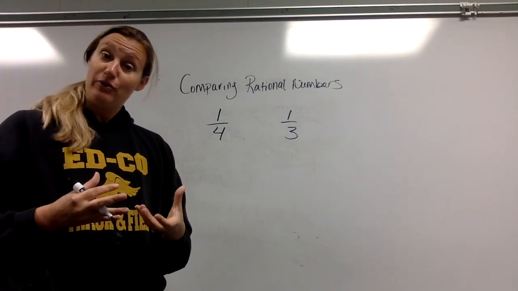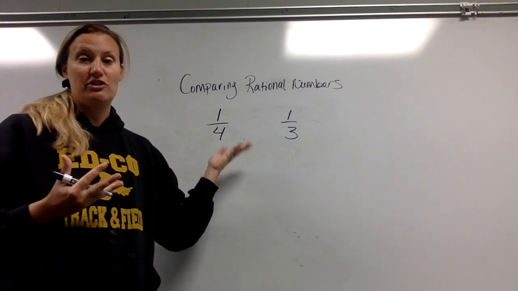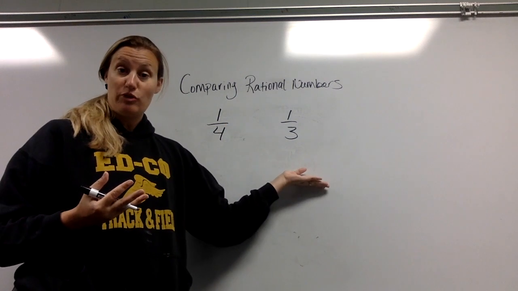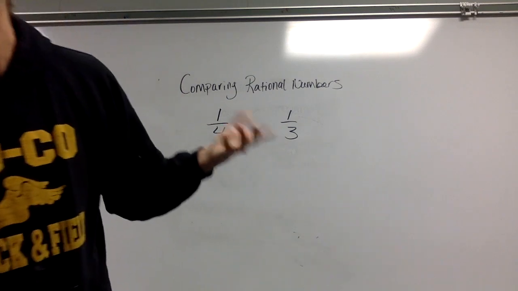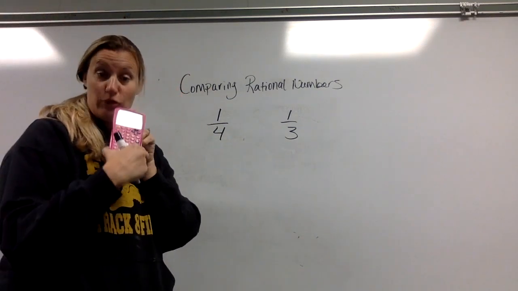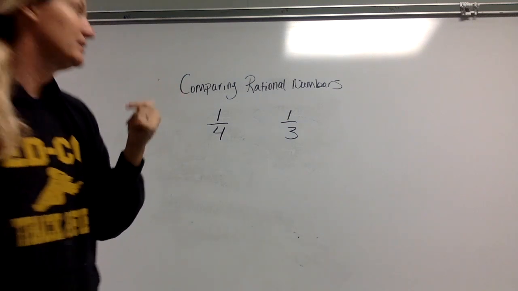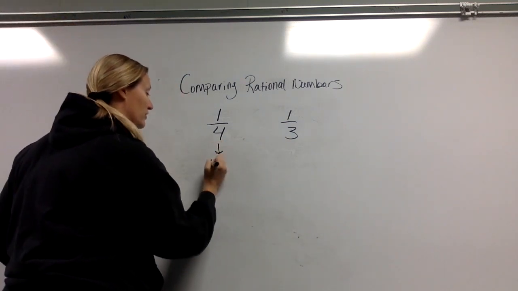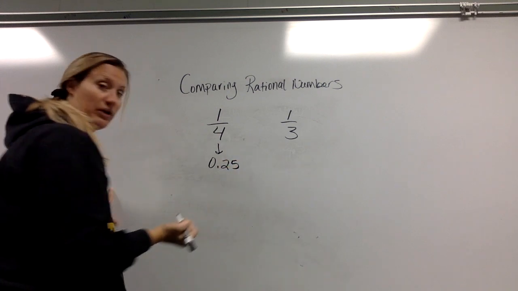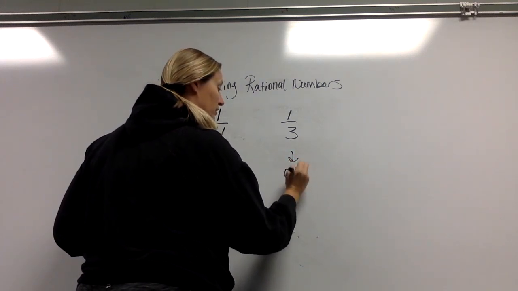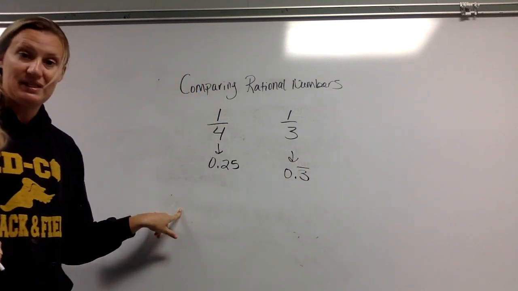To me, now that we've learned it, the easier thing is to change both of these numbers to a decimal. Then I can look at the decimals and see which one is larger. Again, if you don't have these memorized, you can take numerator divided by denominator, top divided by bottom, and get that decimal. So 1/4 is 0.25 as a decimal. 1/3 is 0.3 repetend.